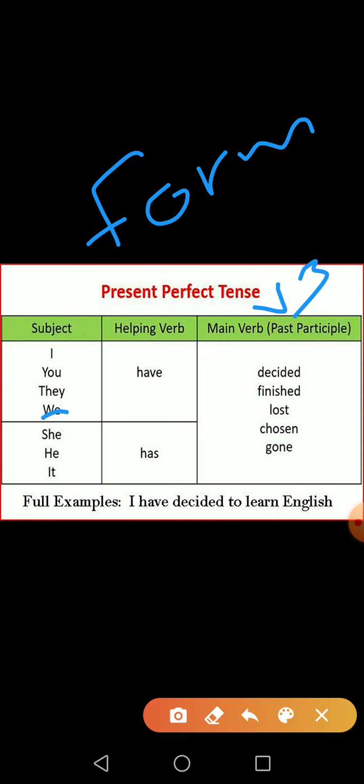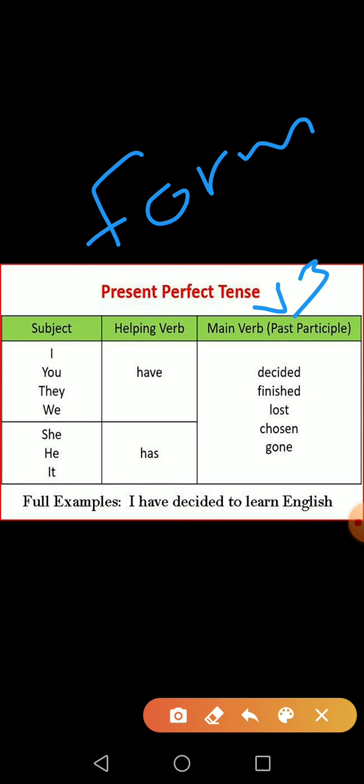However, if the subject is singular, I have to use has plus verb 3. If I say she has decided, she has finished, lost, chosen, gone.